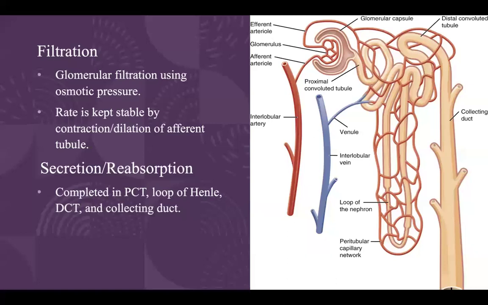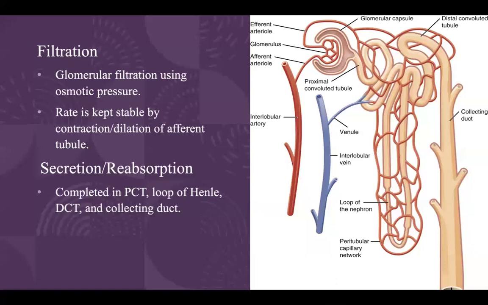All right, and then secretion and reabsorption continues in the nephron loop, also called the loop of Henle. And this is formed by the loop of Henle and the distal convoluted tubule. So the loop of Henle creates and maintains an osmolarity gradient in the medulla that is enabling a collecting duct to concentrate the urine later on.